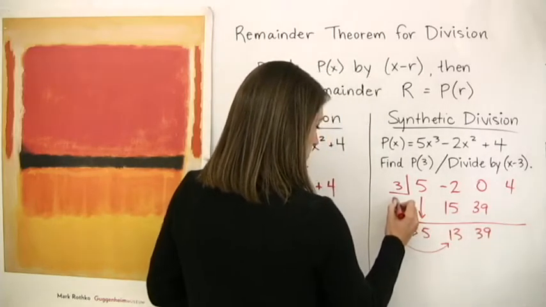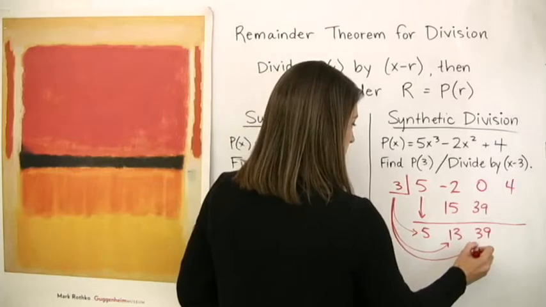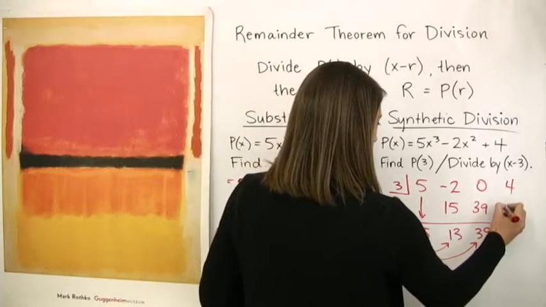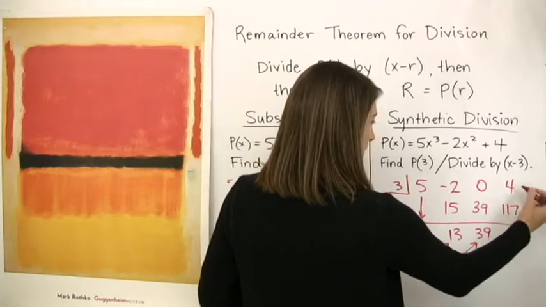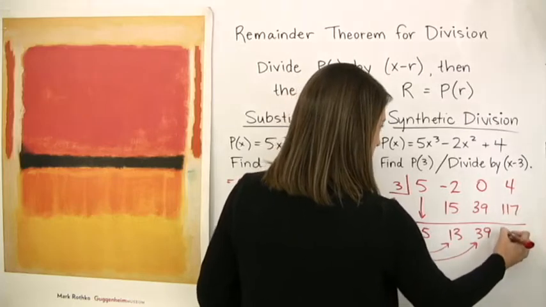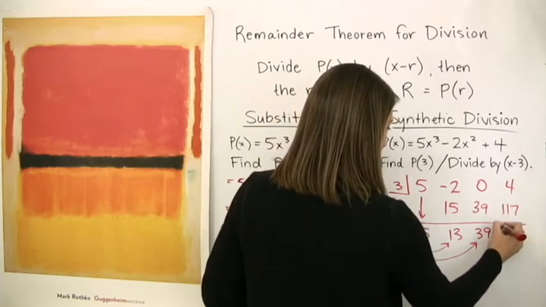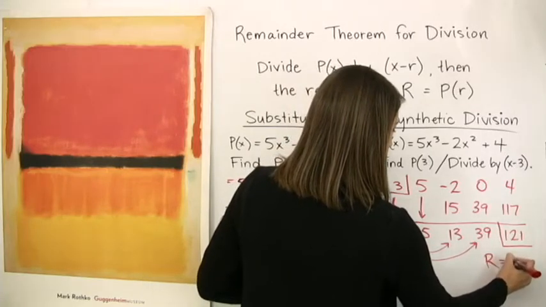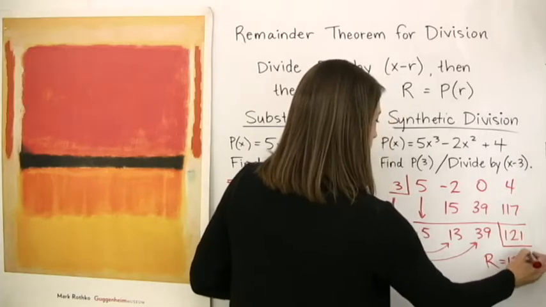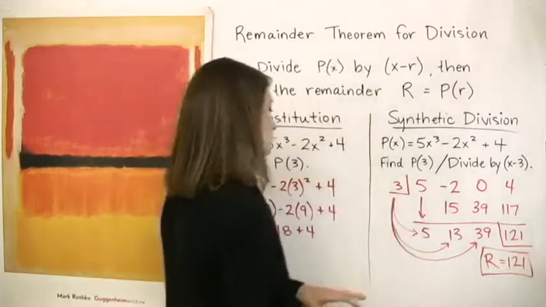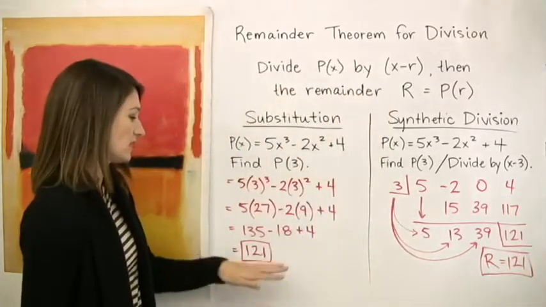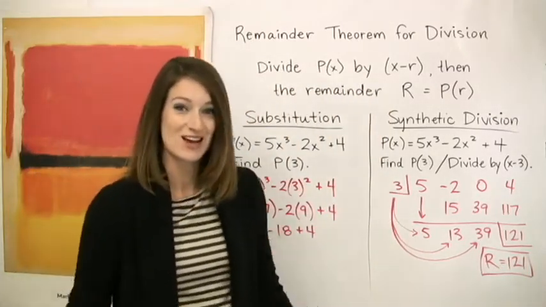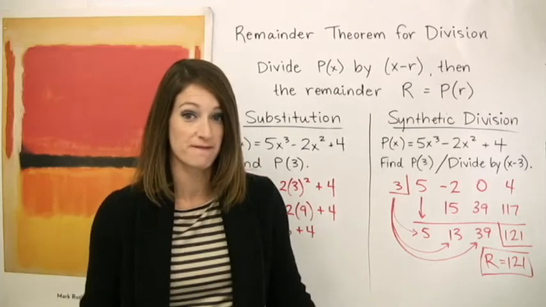Then one more multiplication, 3 times 39, which is 117. And you add 4 plus 117, and we get 121. So our remainder, using synthetic division, is the same, 121, as when we found the value of p of 3 using substitution.